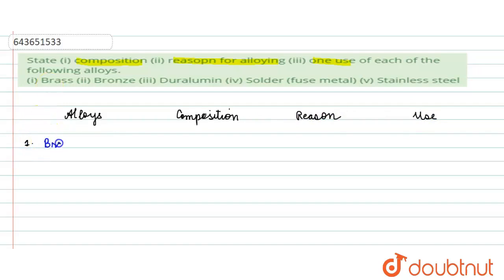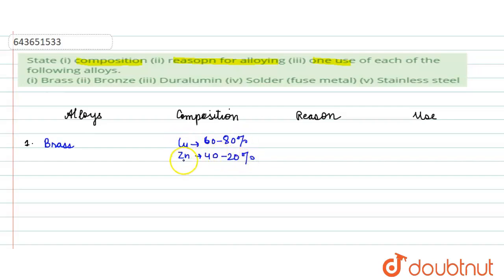So generally brass is an alloy of copper and zinc, and it consists of around 60 to 80% of copper and 40 to 20% of zinc.